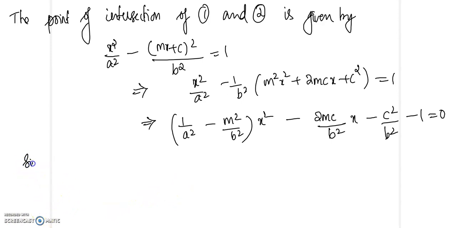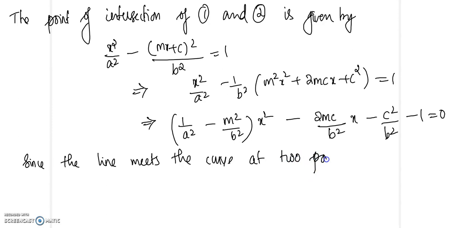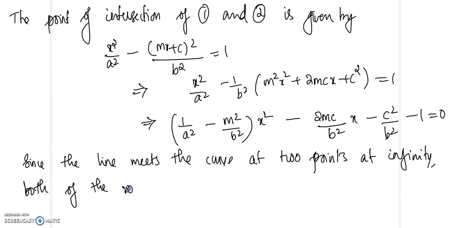So since the line meets the curve at 2 points at infinity, both the roots of this equation, let us call it equation 3, must be infinite.